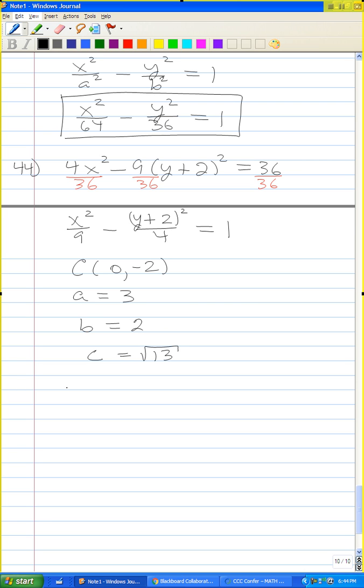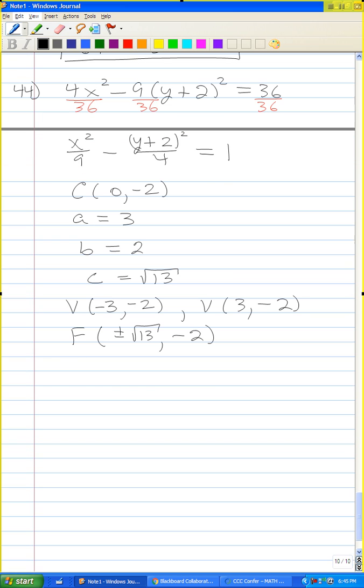And so my vertices are at 0 plus or minus 3, so 3, negative 2, and positive 3, negative 2. The foci are located at 0 plus or minus rad 13, negative 2.